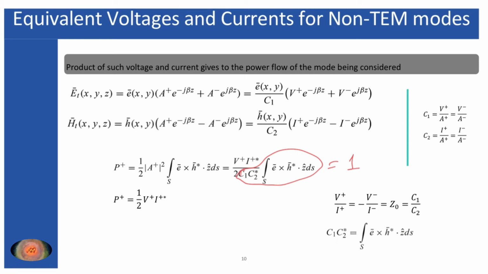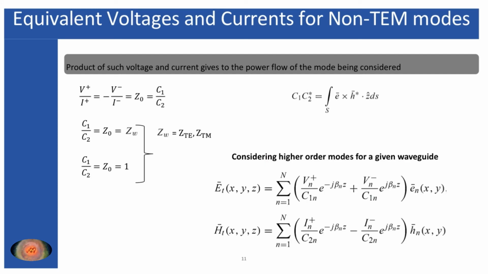And as 1 over C1 times C2 conjugate times this entire integration is equal to 1, we can easily write this expression, which I already obtained in my earlier slide.